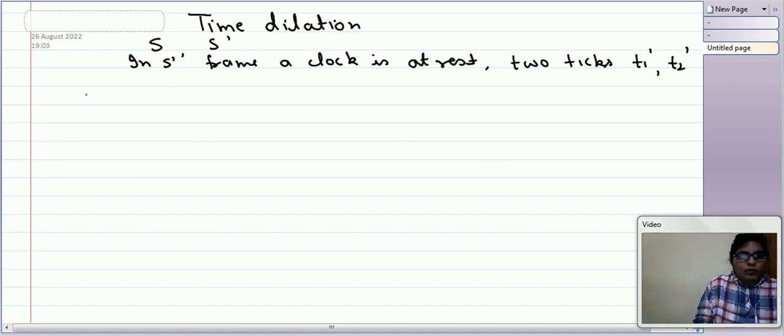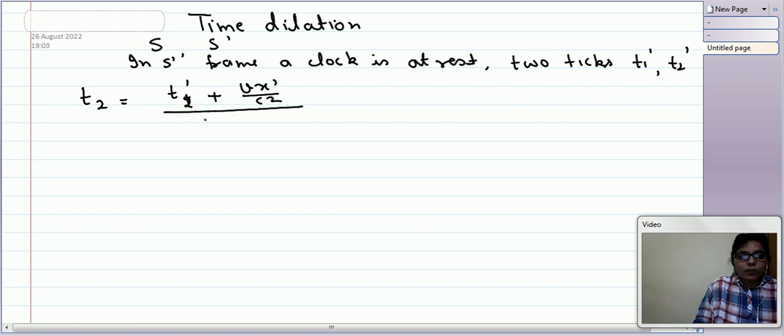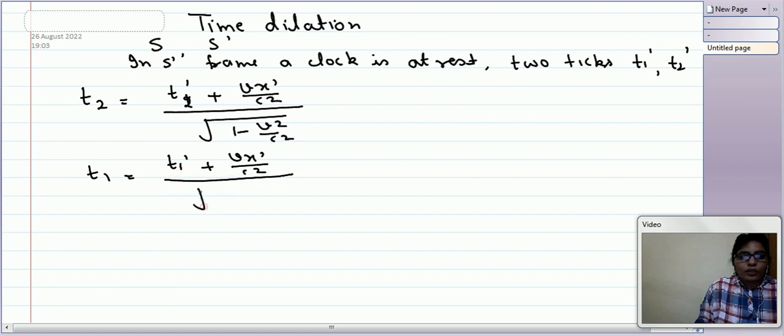So now we will write similar equations: t2 is equal to t2 dash plus Vx dash by c square, upon under root 1 minus v square by c square, and similarly t1 is equal to t1 dash plus Vx dash by c square, upon under root 1 minus v square by c square.